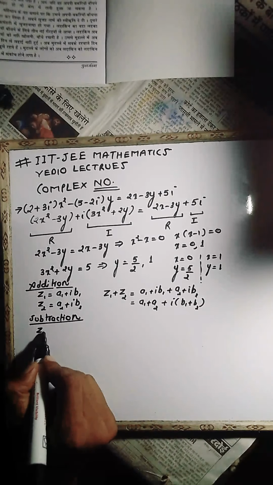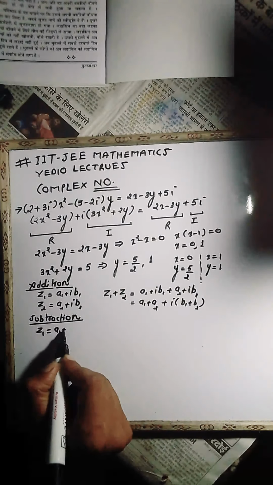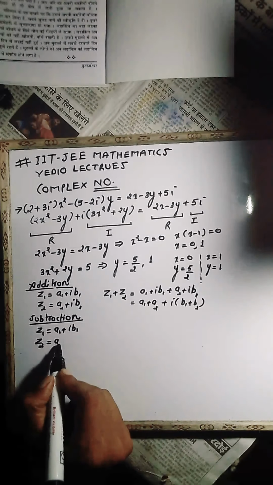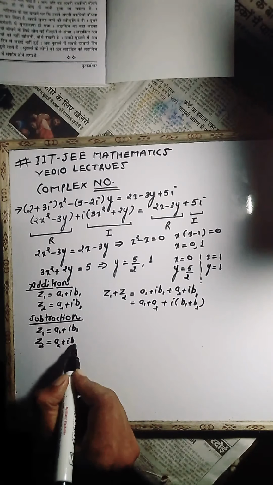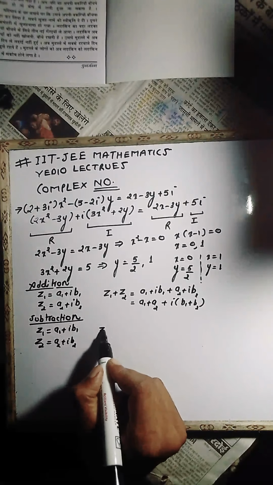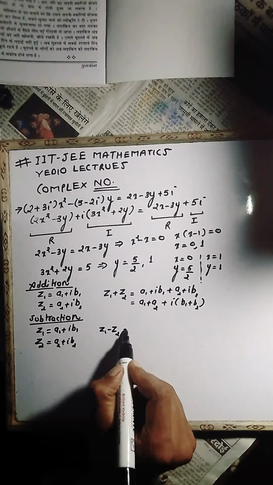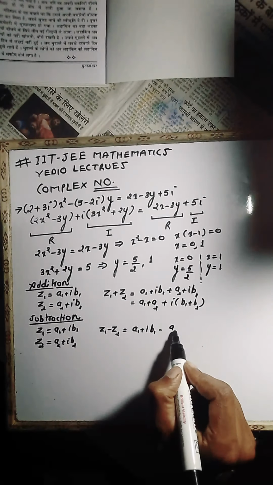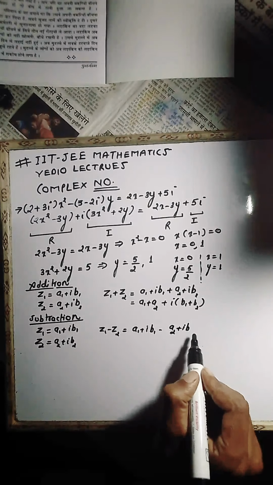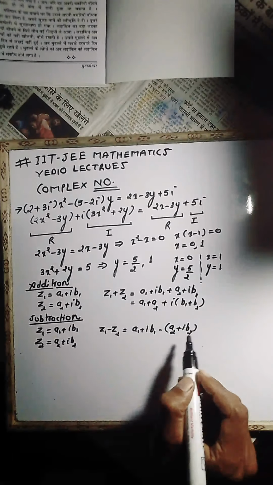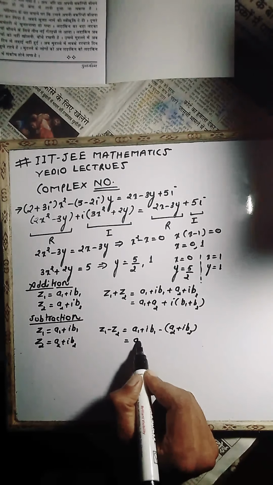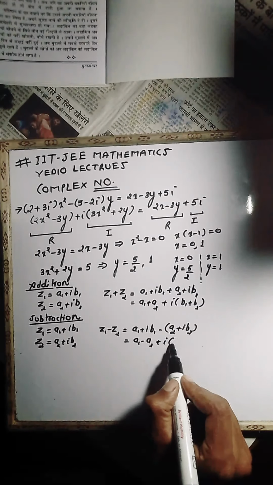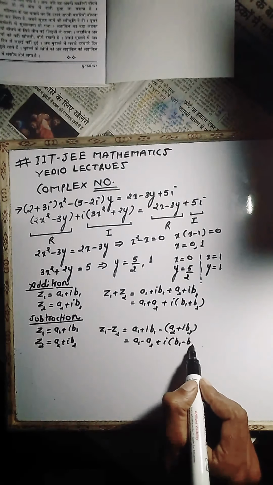So z1 equals a1 plus ib1, z2 equals a2 plus ib2. So z1 minus z2 equals (a1 plus ib1) minus (a2 plus ib2). So it will come a1 minus a2 plus i(b1 minus b2).